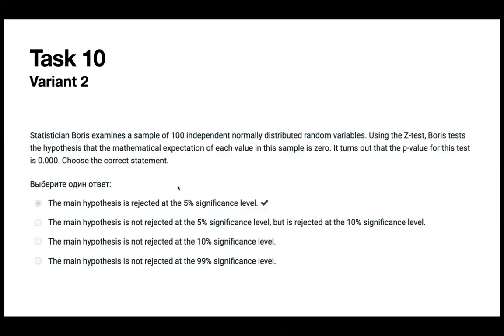So it's less than 5%, and then we reject our hypothesis. So all other statements say that we do not reject it, but we should.